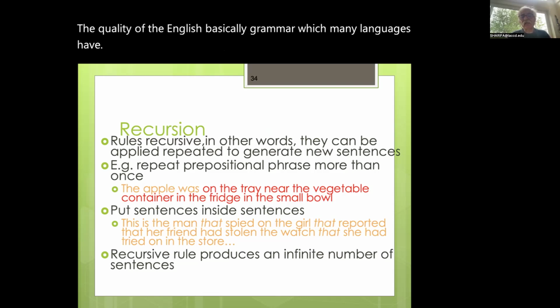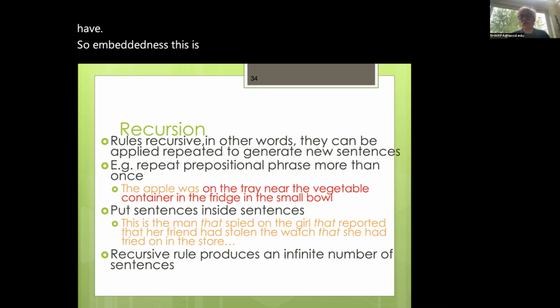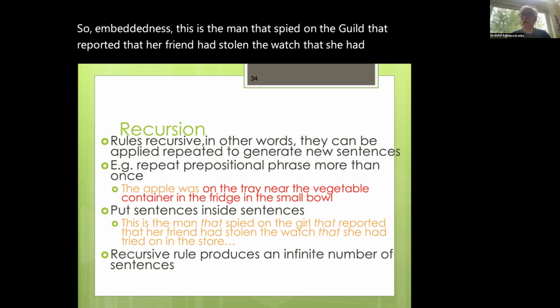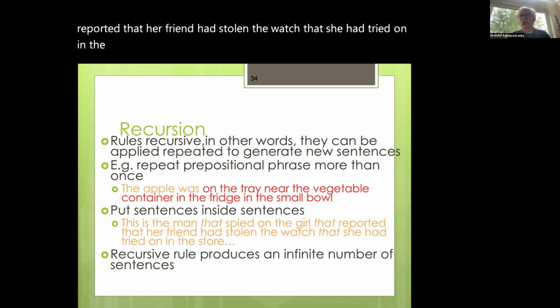So embeddedness, this is the man that spied on the girl that reported that her friend had stolen the watch that she had tried on in the store. This is when you end up with run-on sentences because of constant embedding.